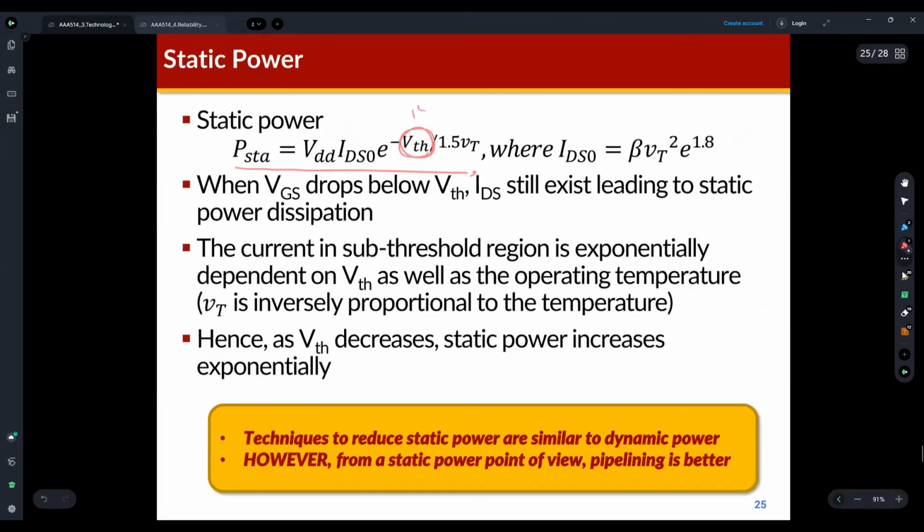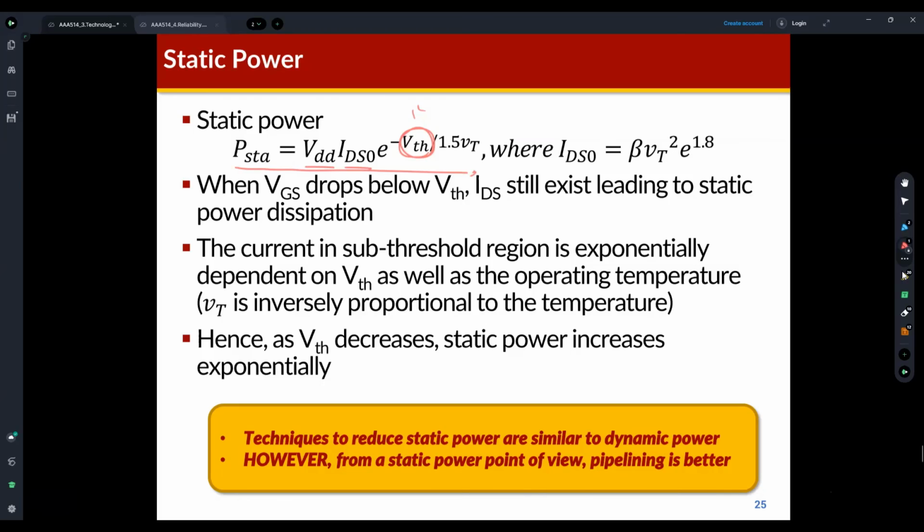And then let's focus on the static power. I mentioned that static power is getting more and more critical recently, so we also need to know about some impact from static power. This is the static power equation, like VDD and then IDS0.